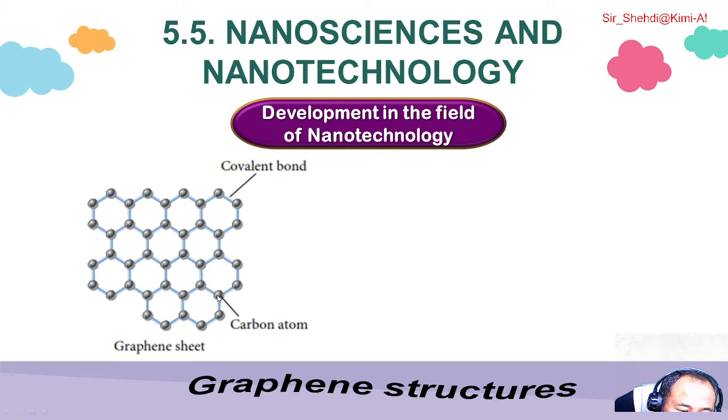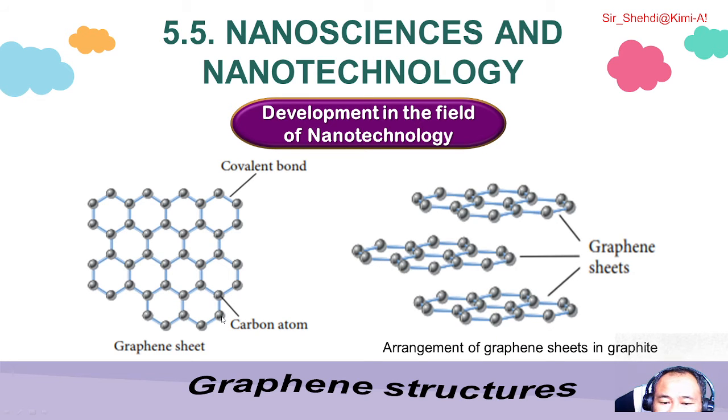The shape is a hexagon, 1, 2, 3, 4, 5, 6. And then the arrangement of graphene sheets in graphite, or in the core of your pencil, is like this. 4 hexagons of graphene in one group.